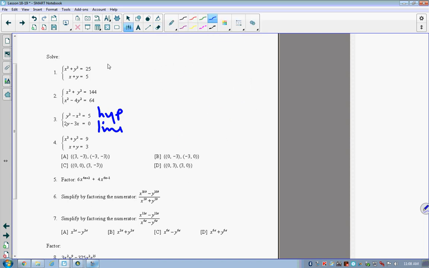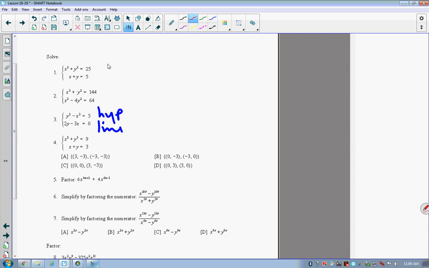All right, so same basic concept on number 3 is that we can solve that for a variable, right? Take our linear equation, solve it for a variable. In this case, on number 3, I would add 3x to the other side, right? There's no y-intercept, so then I would divide by 2.